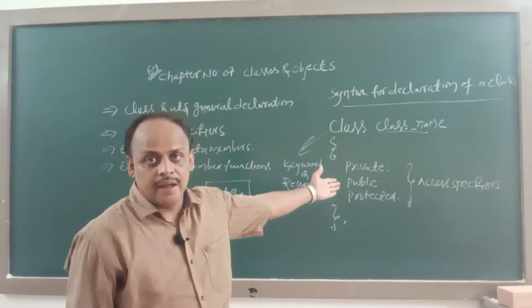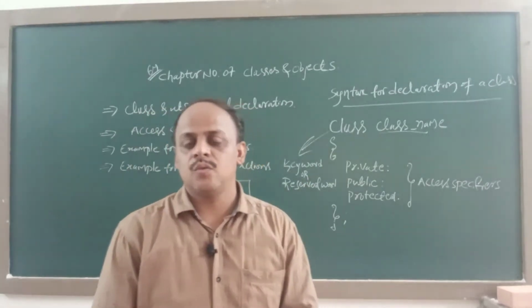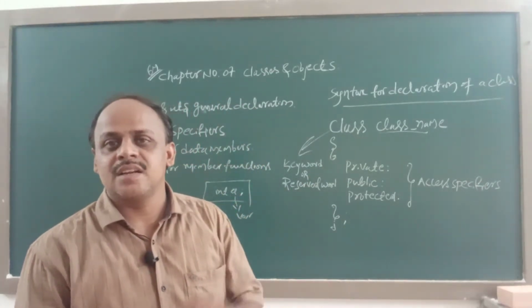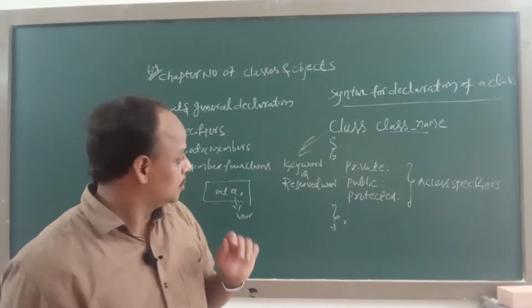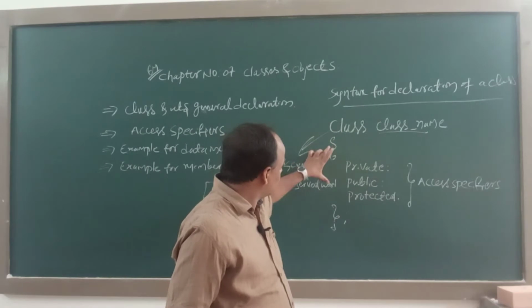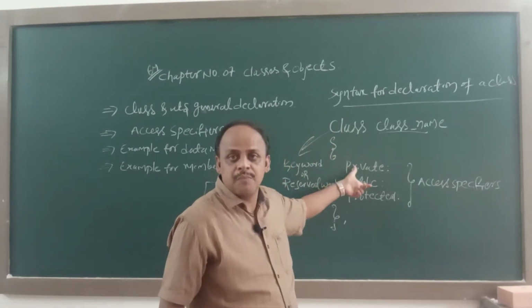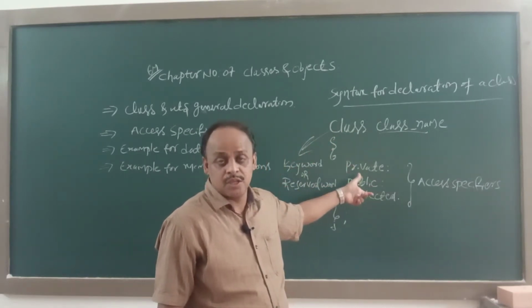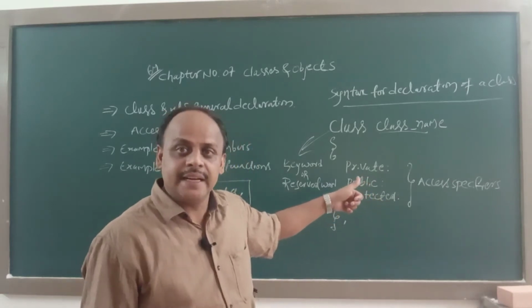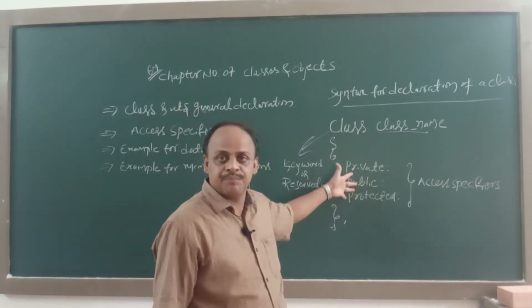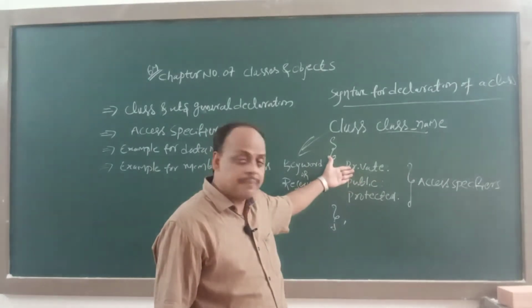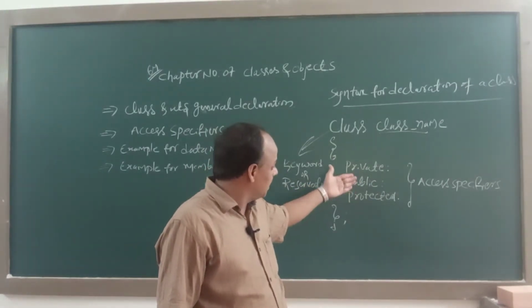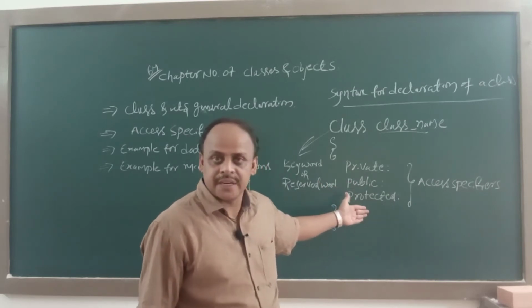According to the definition of a class, a class is a collection of data members and member functions with objects. So this class contains data members as well as member functions, and those must be written in some access specifier. They may come under private, public or protected.